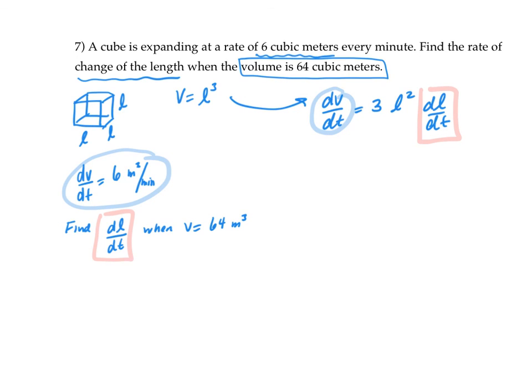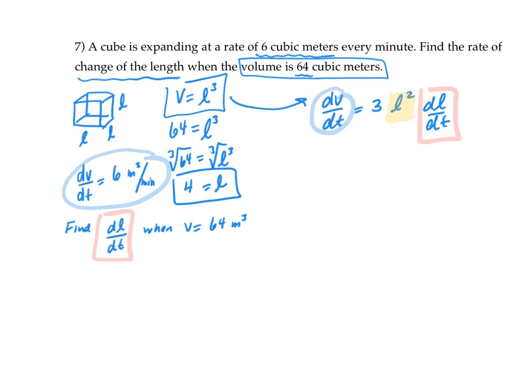And then the great unknown in this problem, the thing that's going to cause us to pause, is that length. Right? If I don't know the length, then I can't solve for dL/dt. So what you're going to do is take your formula for volume, because we're given that volume is 64 cubic meters. So set 64 equal to L cubed, and we need to take the cube root. So the cube root of L cubed will give us L, and that's equal to 4.